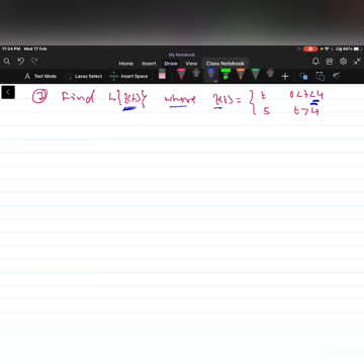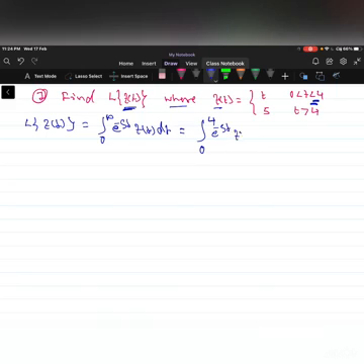So you know the definition of Laplace of f of t. Laplace of f of t can be written as integration from 0 to infinity e power minus st into f of t dt. So this can be written as integration from 0 to 4 e power minus st into f of t dt plus 4 to infinity e power minus st into f of t dt.